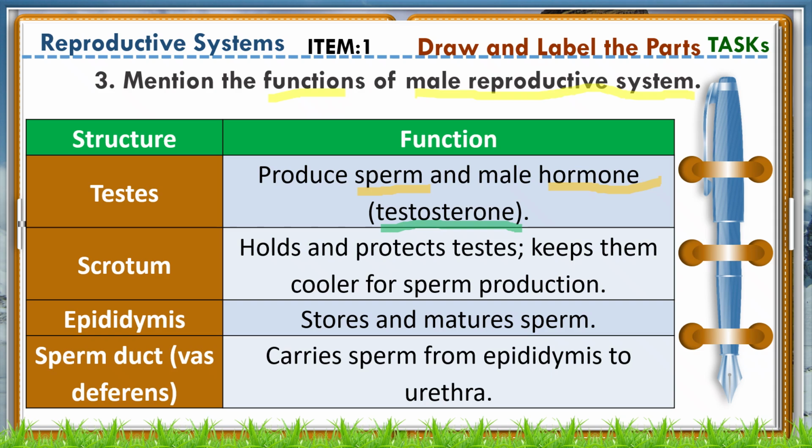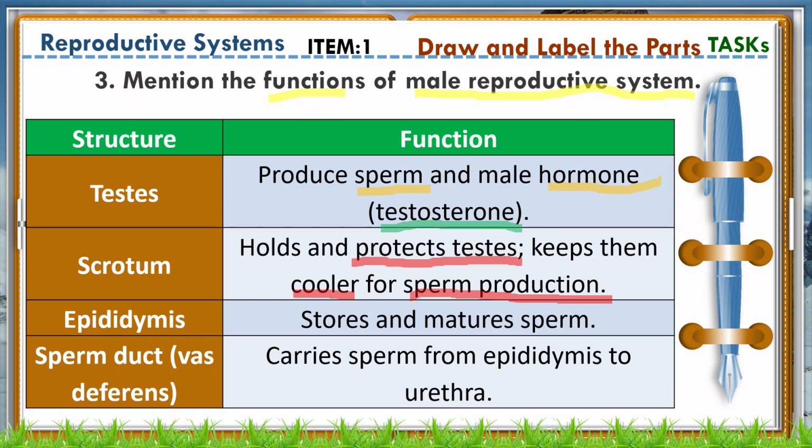testosterone. Then we have the scrotum. The scrotum holds and protects the testes, and it keeps them cooler so that sperm production is possible. Then we have the epididymis.